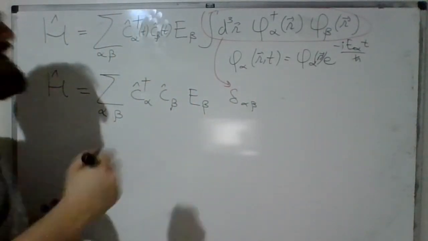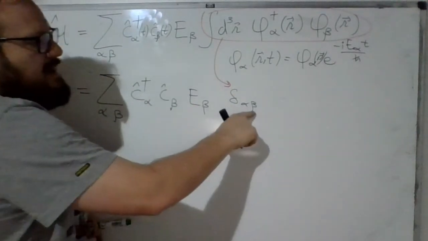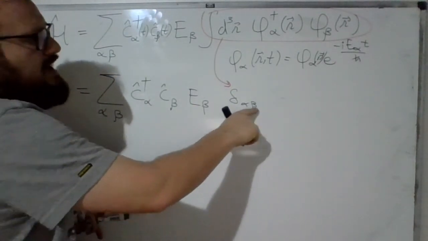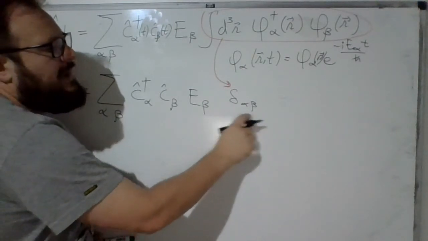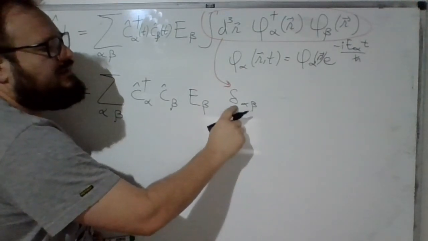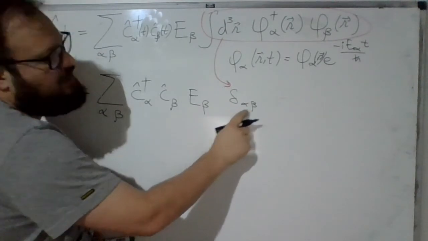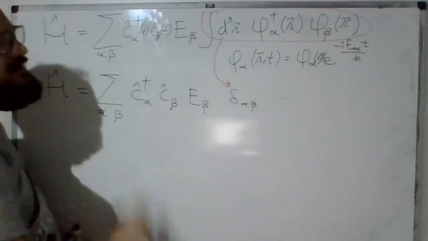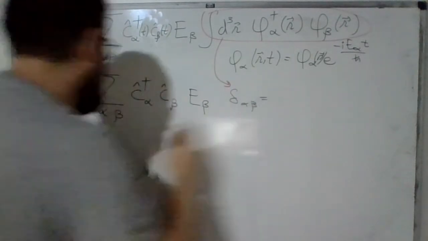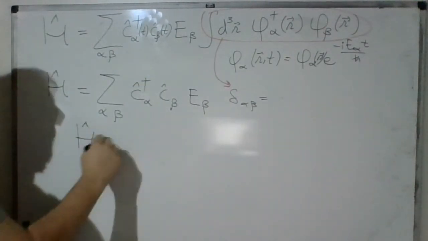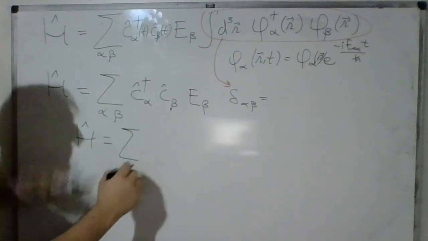And when you sum over beta, you need to replace beta by alpha, because the only time when this delta is non-zero is when beta is equal to alpha. So summing with a delta is just the same as removing that summation.